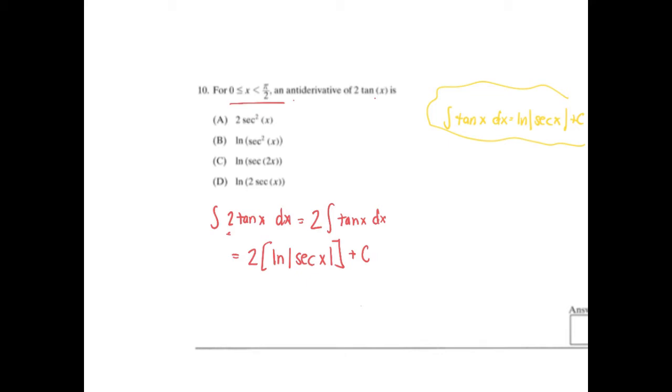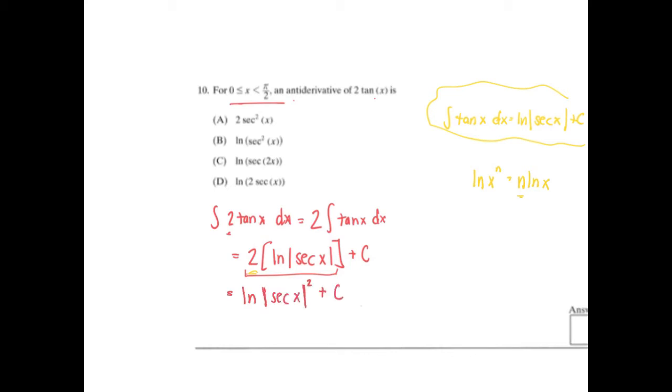So what I do know is I'm going to use my ln rule right here. So remember that ln x to the n power is n ln x. So I'm going to kind of reverse that rule. So in this case, my n is my 2. And so I'm going to say that's ln absolute value of secant x squared, okay?